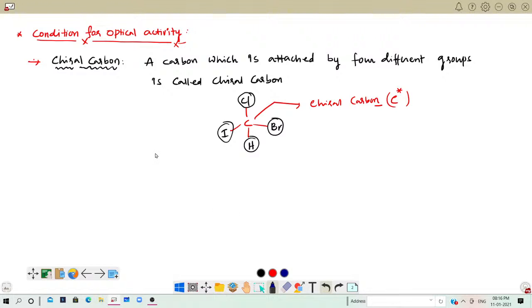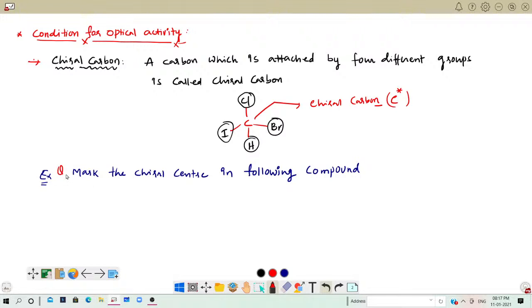Now, how do you identify the chiral carbons? Example, if I give: mark the chiral centers in the following compounds.